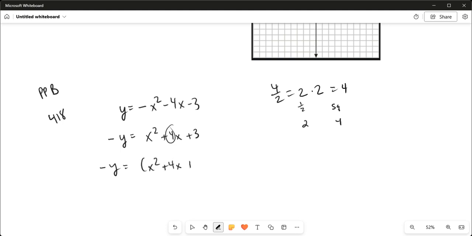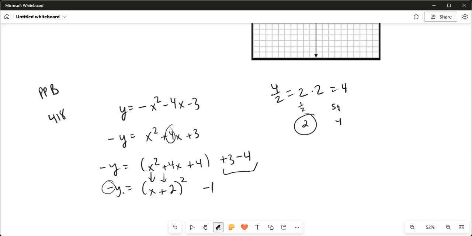I'm going to add 4 to one side, and then I'm going to subtract it from this side. Okay, this is going to factor x plus the half, squared, and I'm going to add these together. That's going to be negative 1. Right, now I have to take my negative and distribute it back over on this side. So this is going to be the opposite of the quantity x plus 2 squared plus 1.